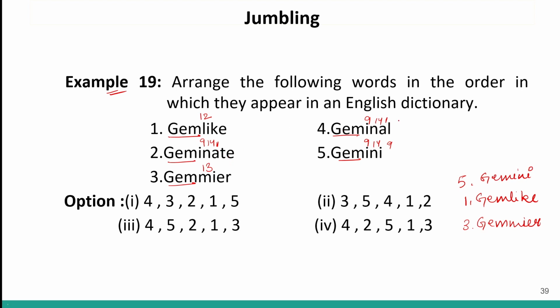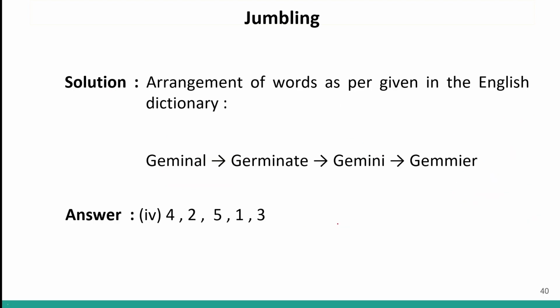Move on to the next letter. L is positioned at 12. Similarly, T is positioned at 20. So my first will be fourth, which is geminal, and then I'll get second, which is geminate. So my correct sequence is 42513, which is option number 4. So option number 4 will be the correct sequence.